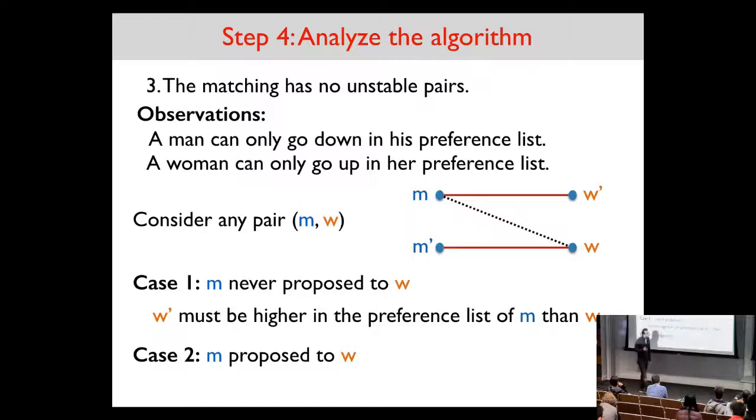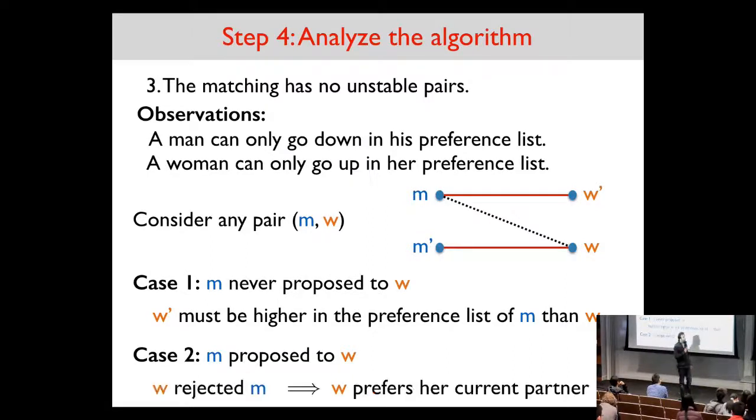And then case 2, what if M does propose to W? What does that mean? Remember that a woman can only go up in her preference list. That means W rejected M. M proposed, but W rejected because they're not matched. And why would she reject?